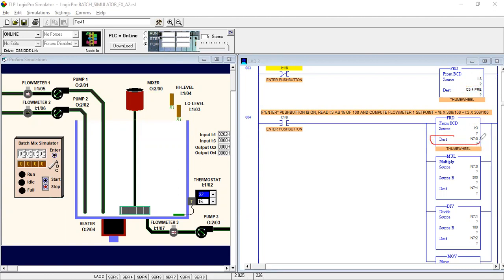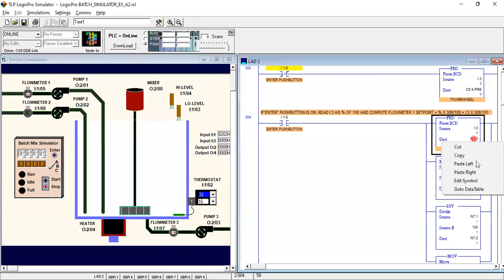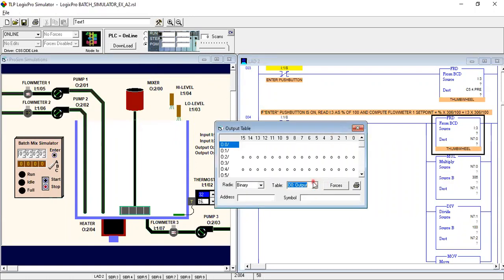In the destination parameter we have to fill the integer value. When you want to control all these kinds of things, you can use this bit addressing. This is the integer value. You can take the integer from the data table and choose the integer.